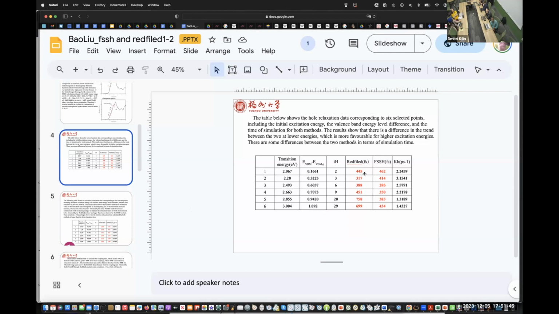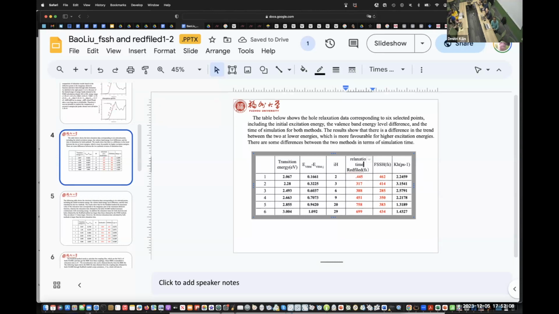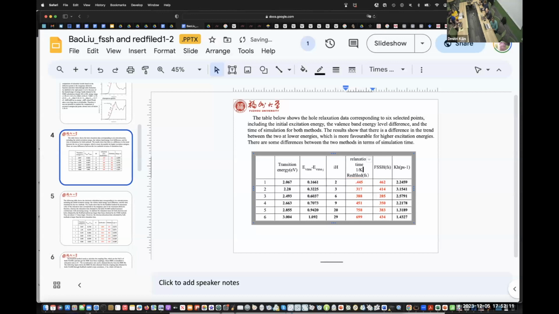My understanding is that by dividing 1 over 0.44, one will get 2.2. So all this is relaxation time, and call it 1 over each.